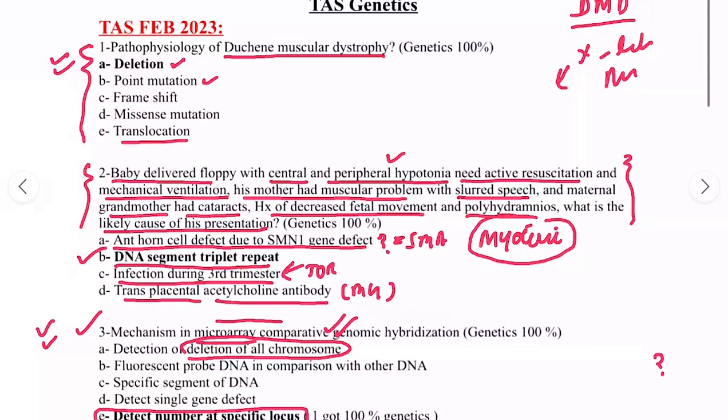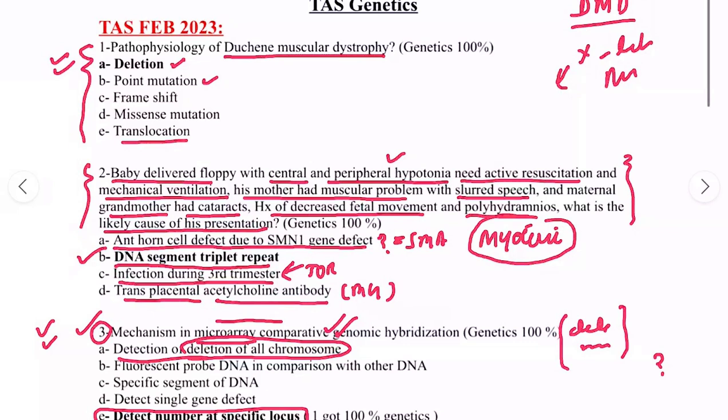Let us see here. I'm going to read question number 3. Now, see your mechanism in the microarray comparative genomic hybridization: detection of deletion of all chromosomes. Microarray cannot detect both balanced and unbalanced translocation. That is basically for your deletions and microdeletions.